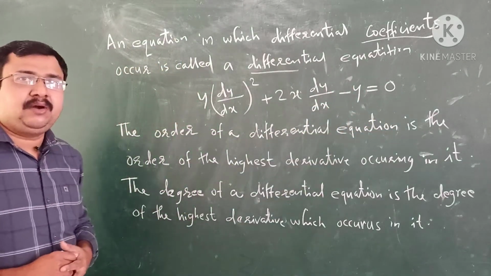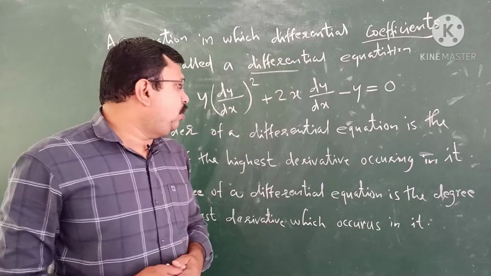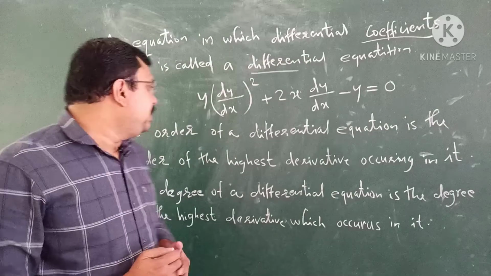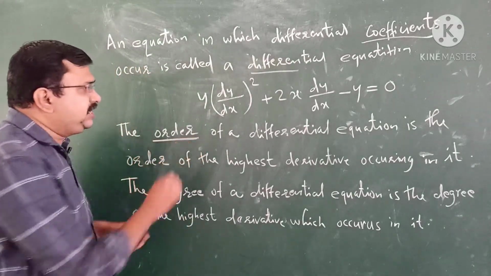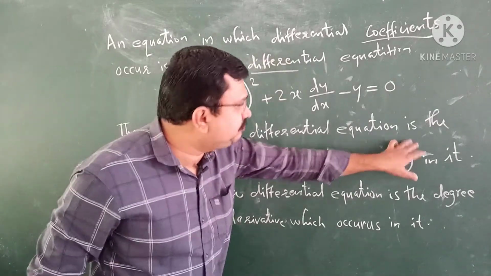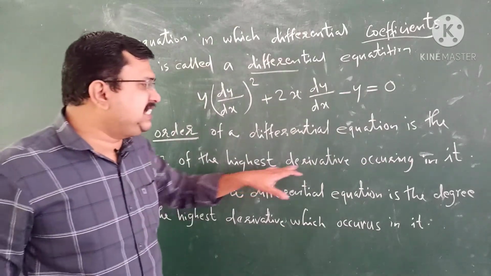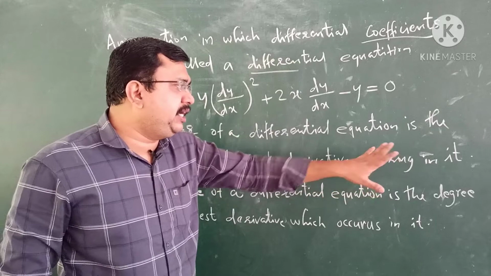Then we are moving to our next section. What is the order of a differential equation? The order of a differential equation is the order of the highest derivative occurring in it.